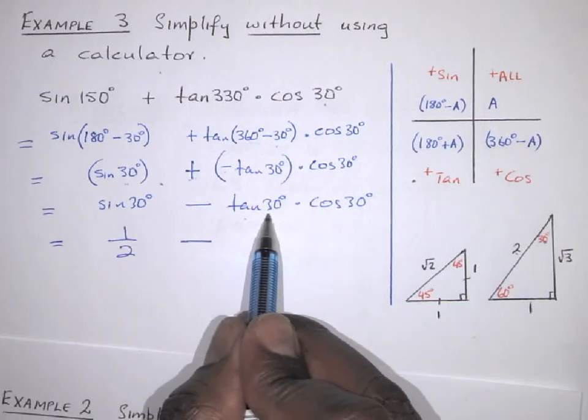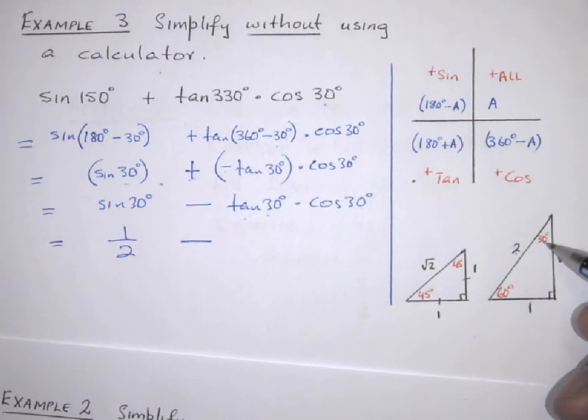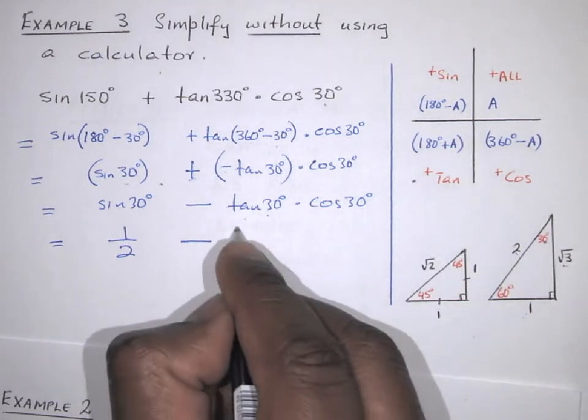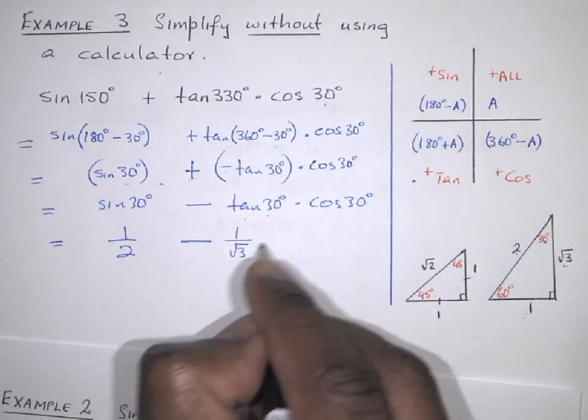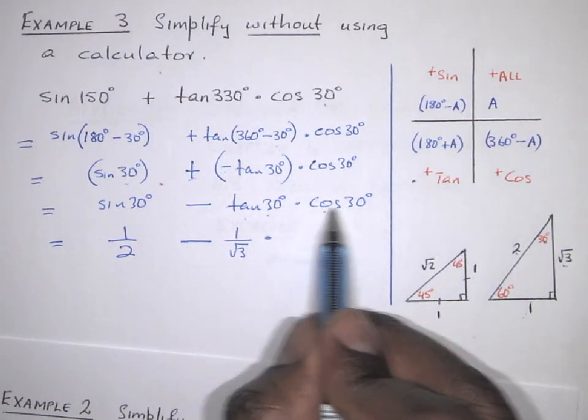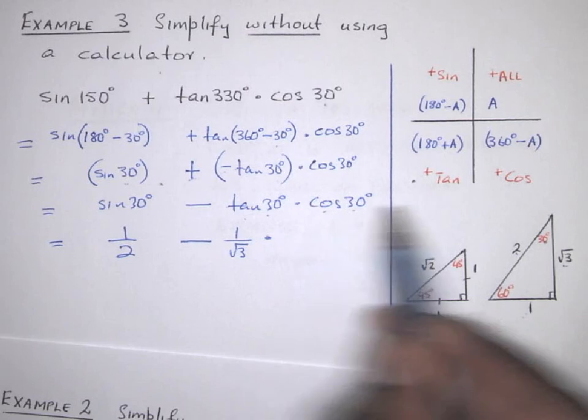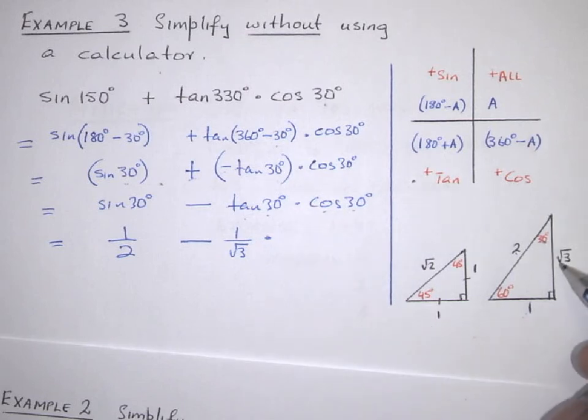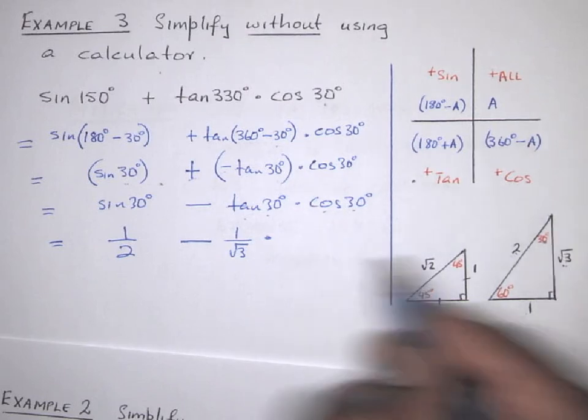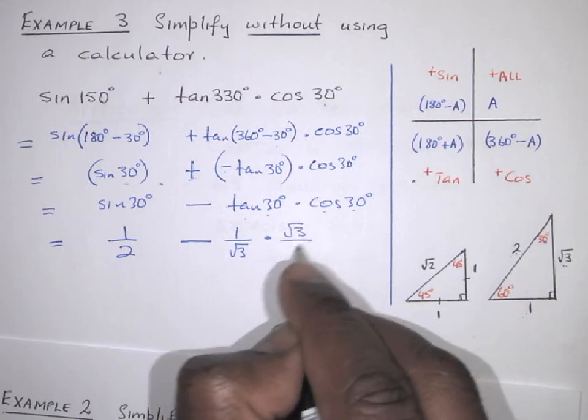What is tan of 30 degrees? There is 30 degrees. Tan is opposite over adjacent. So it's 1 over square root of 3. It's multiplied by cos of 30 degrees. Cos of 30 degrees is adjacent side over hypotenuse. So it's square root of 3 over 2.